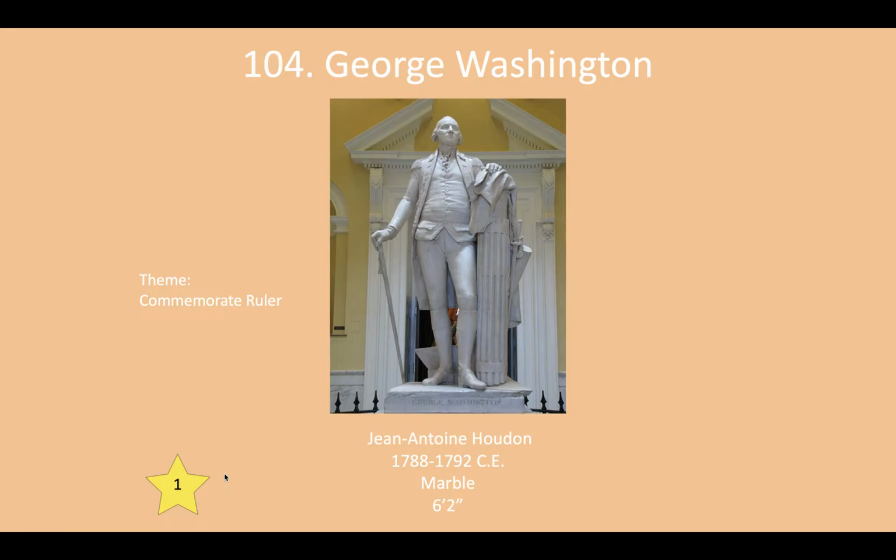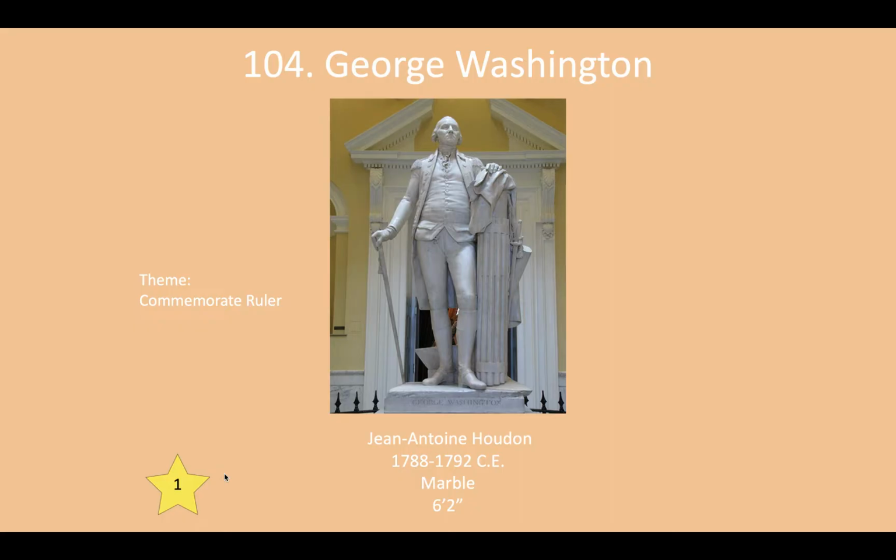He leaves office in 1798, but he was the commander of the Continental Army. I was about to say the Continental Congress, but no, the commander of the Continental Army. And he was also a delegate at the Continental Congress.